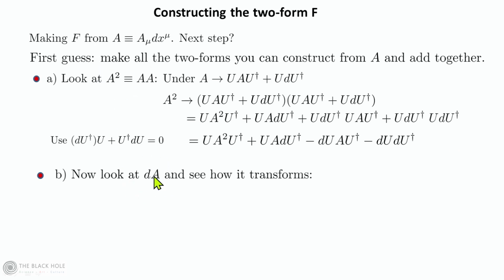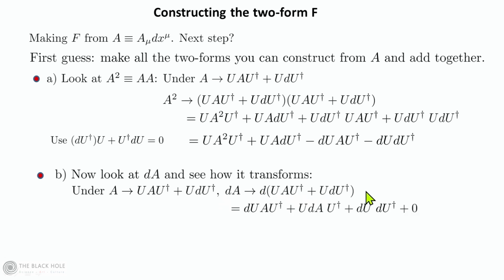Now let me look at dA. Okay, so A, of course, goes like this. So how does dA go? Well, let's apply d to this thing over here, U A U dagger. What do we get? Okay, so d acting on U gives you dU, okay, now there's A U dagger, of course, left over.